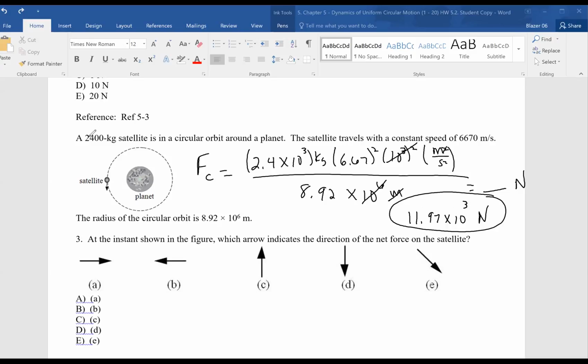So it's like 12 times 10 to the third, which is going to be 1.2 times 10 to the 4 newtons. In scientific notation, my answer has to be 1 or greater, but less than 10. So that's why I have to do 1.2. So this is the answer that we're looking for.